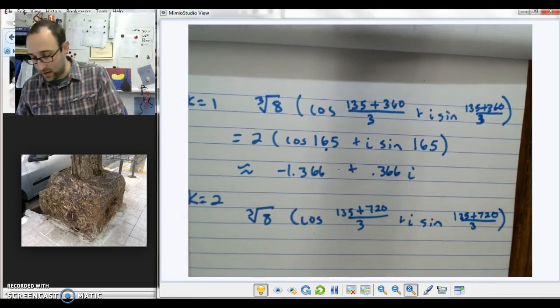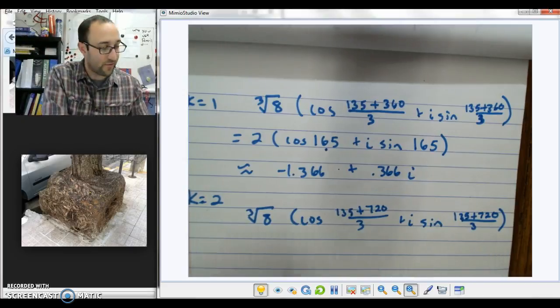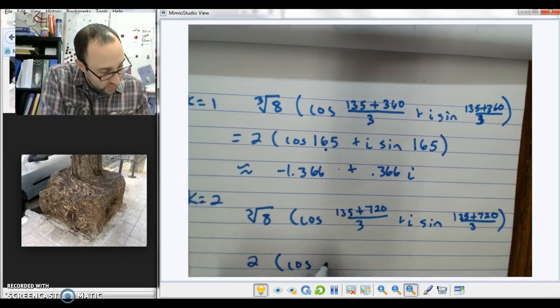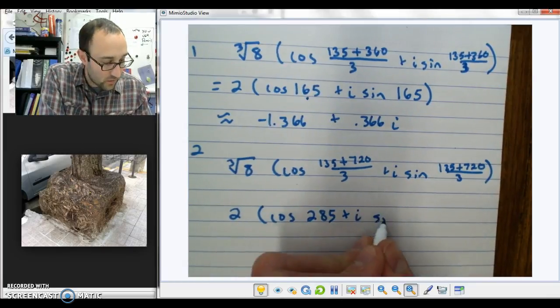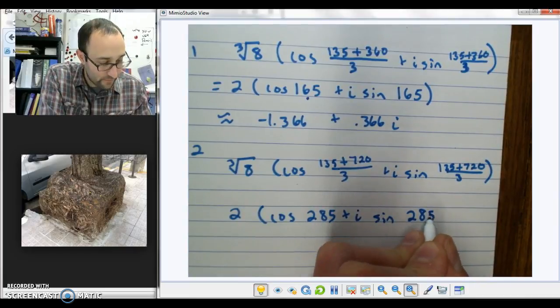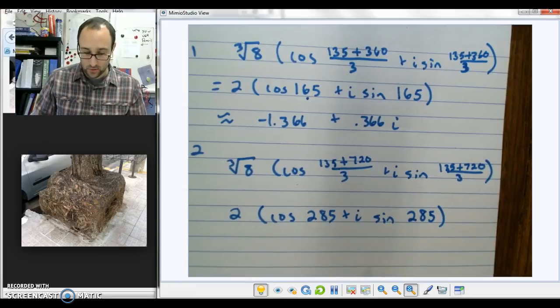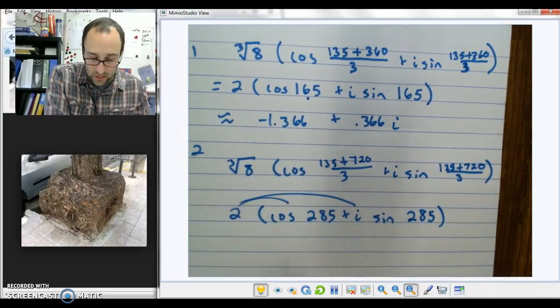So 135 plus 720 is 855, divided by 3 is 285. So we should have 2 cosine of 285 plus I sine of 285. So when we get that, you should be able to distribute that in, and you should be able to get your answers.